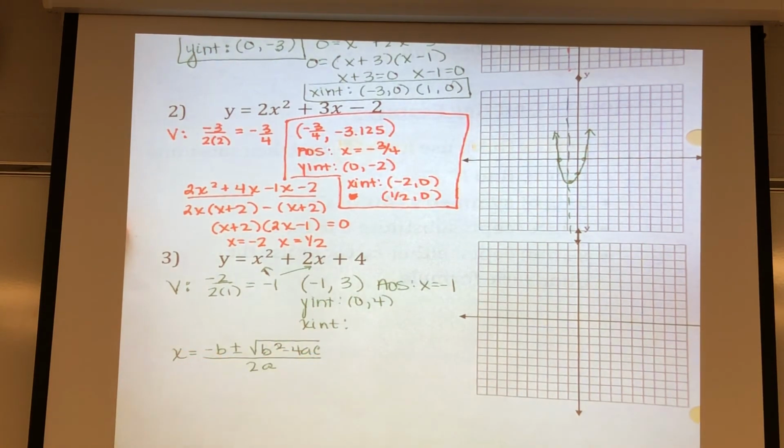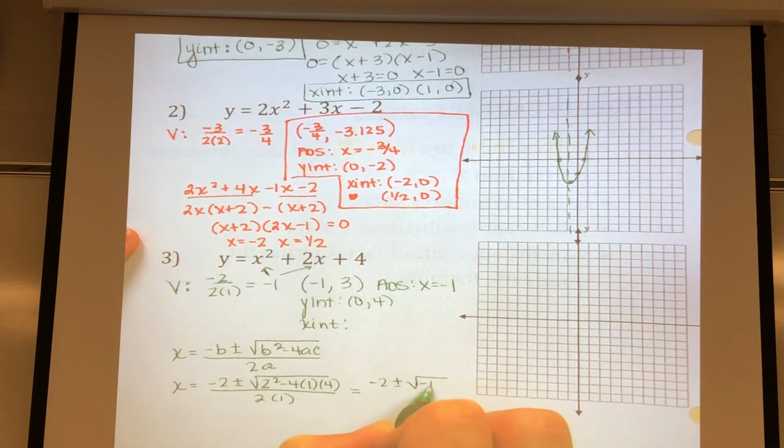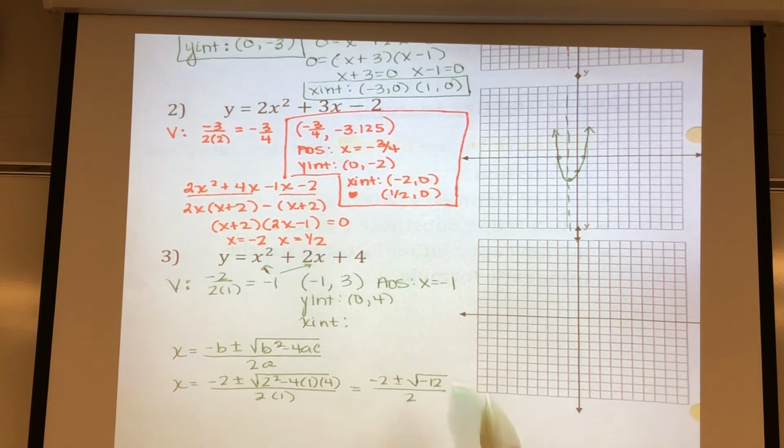All right, so opposite of b would be a negative 2 plus or minus 2 squared minus 4 times 1 times 4 all over 2 times 1. When you simplify that, you should get negative 2 plus or minus the square root of a negative 12 over 2. That negative 12 underneath the square root is bad news for us.